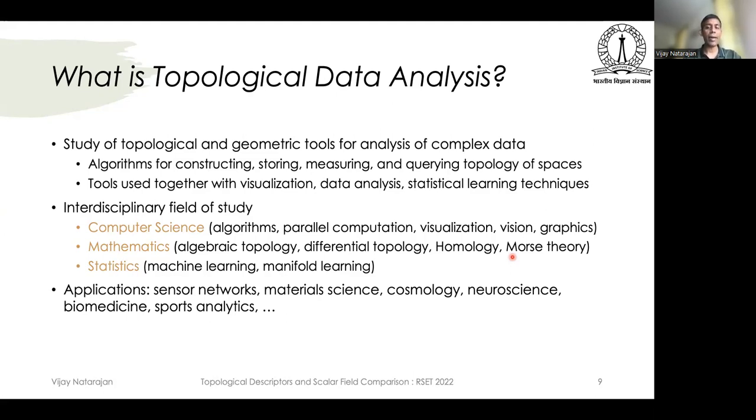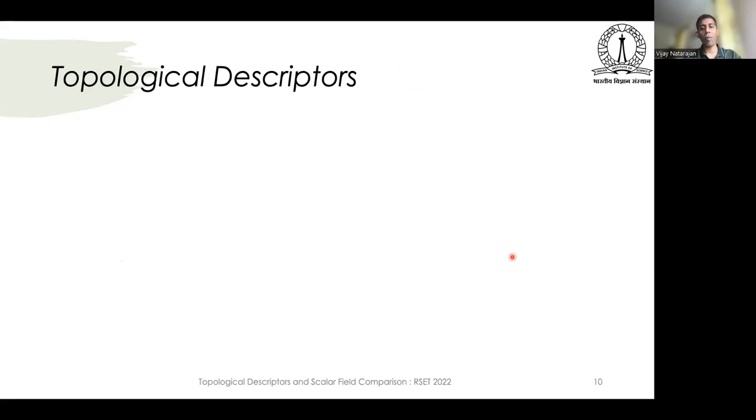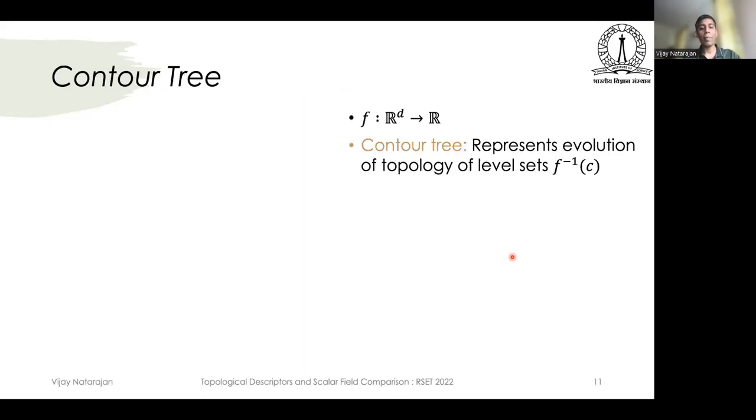So with that introduction to the area and to the use of topology for data analysis, I want to talk about one or two topological descriptors. The two topological descriptors that I'm going to talk about are similar, so essentially one. Let me jump in and talk about the first descriptor, and then talk about how it helps us with data analysis.